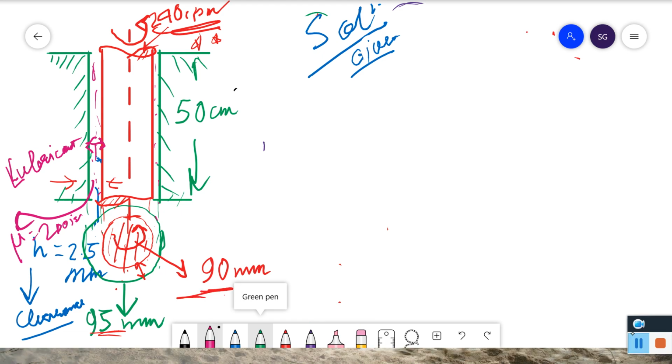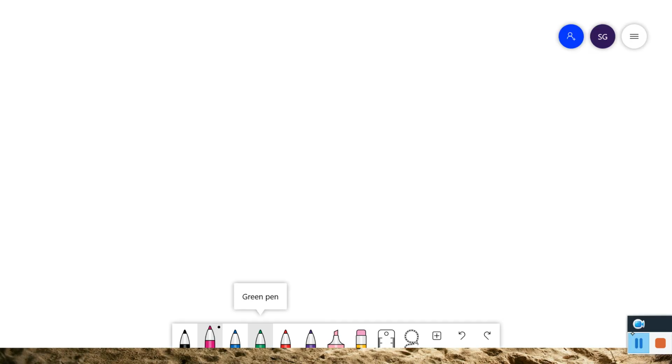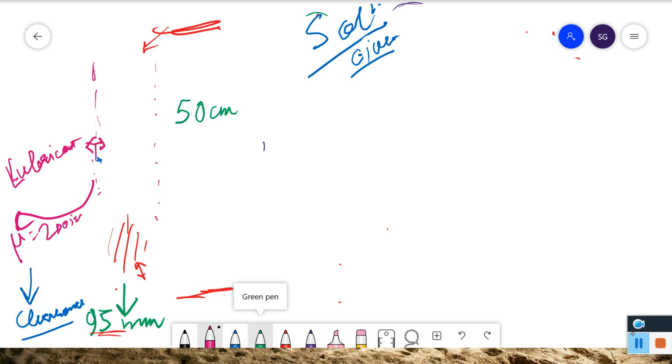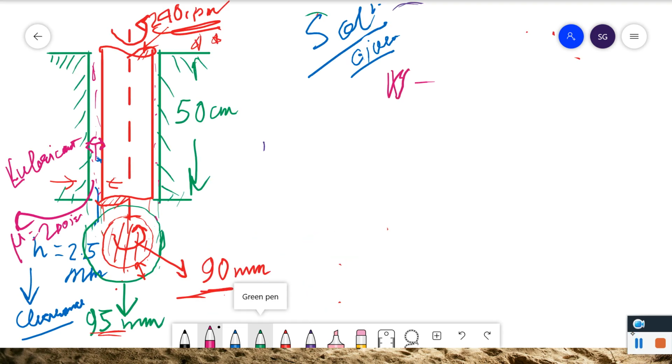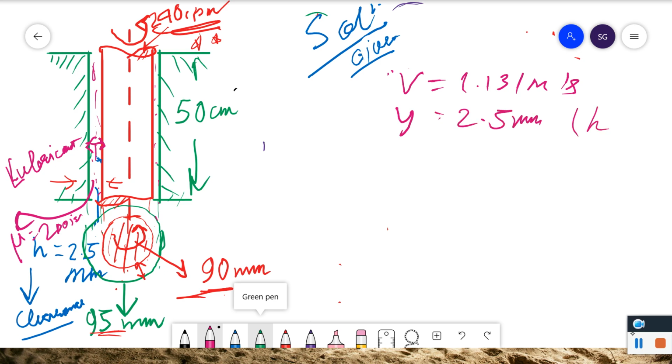So we have found out V is equal to 1.131 meter per second. Clearance, that is Y is equal to 2.5 mm, and here you can take it as H also, it's just a symbol, don't get confused.